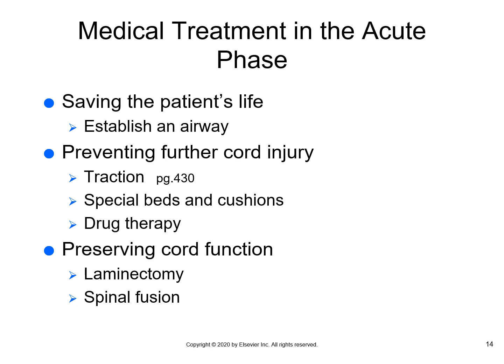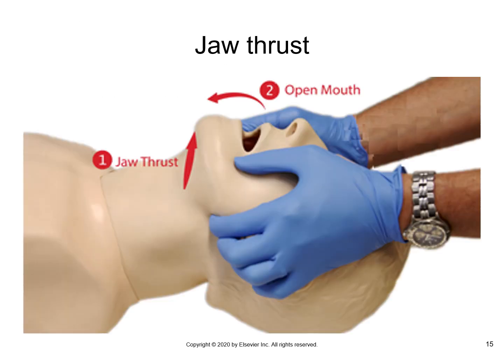It may make it worse. And then we can give them special beds and cushions to prevent skin breakdown, drug therapy, and then we want to preserve cord function. We may need to do a laminectomy, which is removing the lamina of the vertebra, and sometimes spinal fusion.